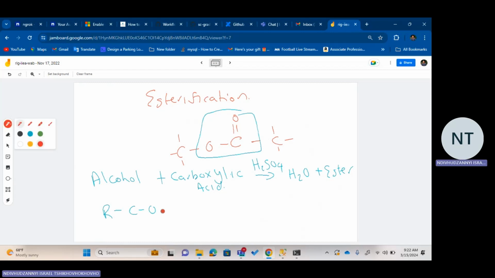Then I'll use a different color to show how this bond is going to work actually. So let's just assume this is your alcohol, then your carboxylic acid. Let's use a different color. So it's going to be double bond.